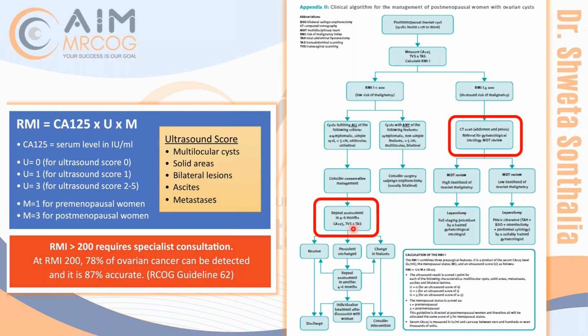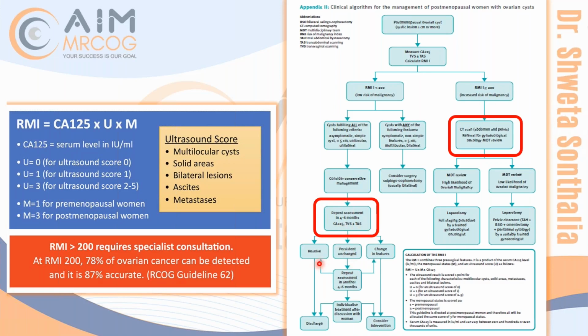What's your next step? Your next step would be to do CA125 and calculate the RMI again. At this stage, if her RMI again becomes more than 200, then she will go in this category. So here again, CA125 plus TVS is your goal.